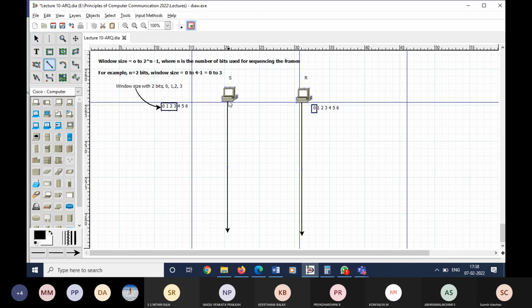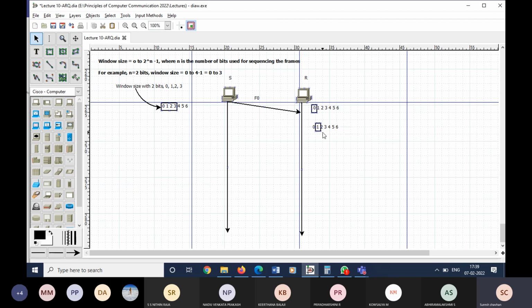Suppose the sender sends frame F0. Now the receiver will shift the window. It has received the frame, checked for errors, and everything is fine, so it shifts to the next.